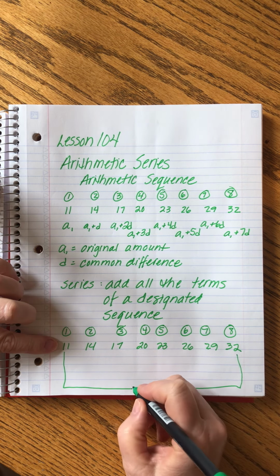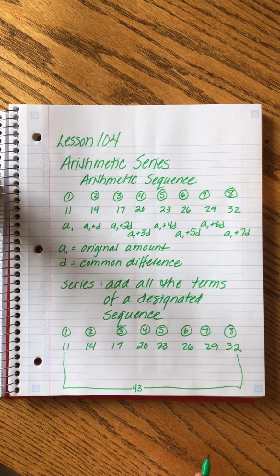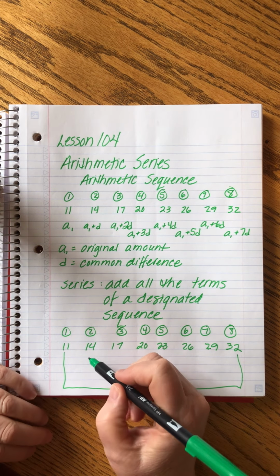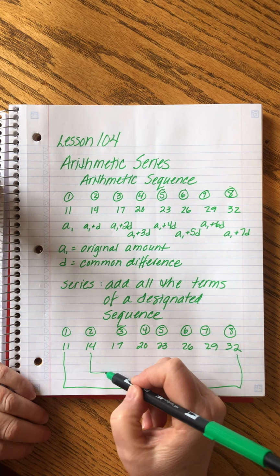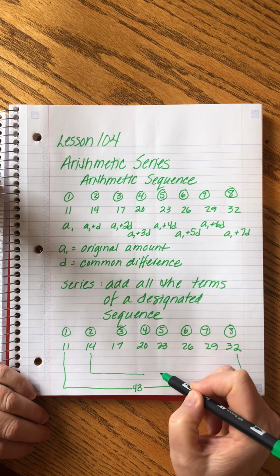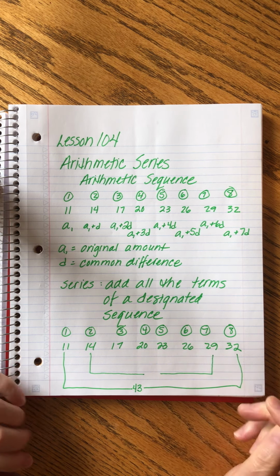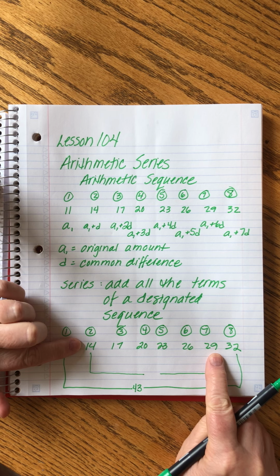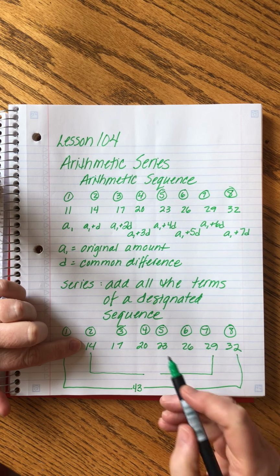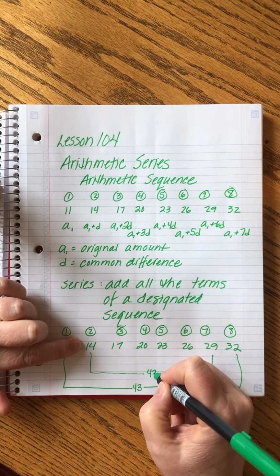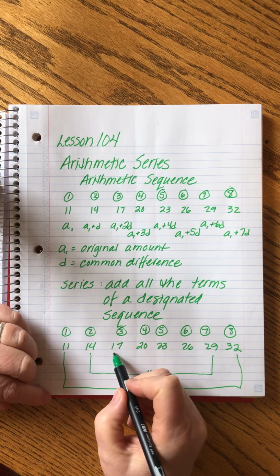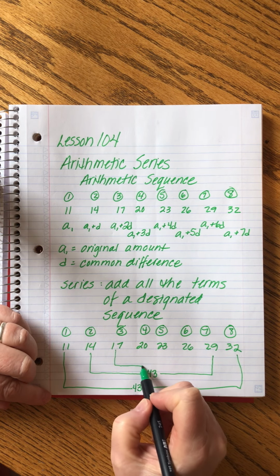That adds up to 43. Okay, now let's add the second from the first and the second to the last. 14 and 29. What does that add up to? 43. Huh, all right.